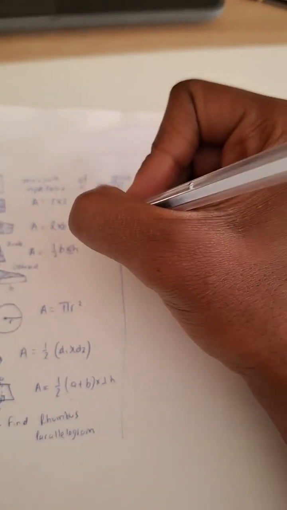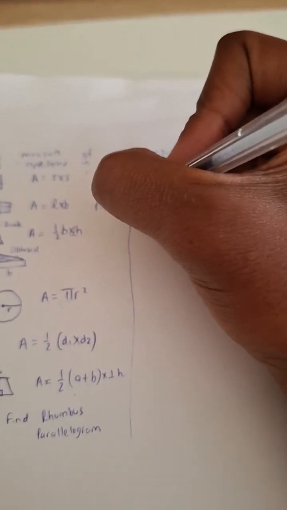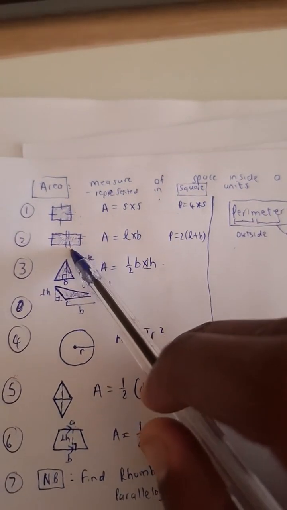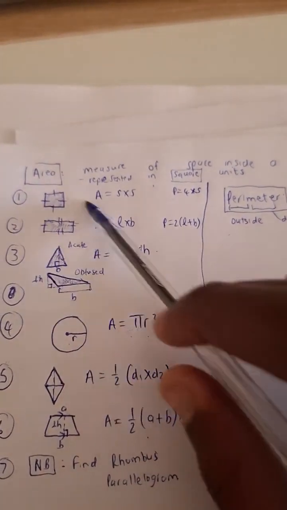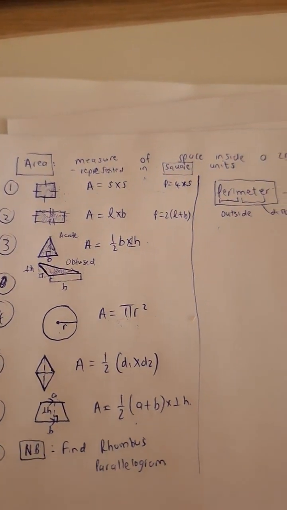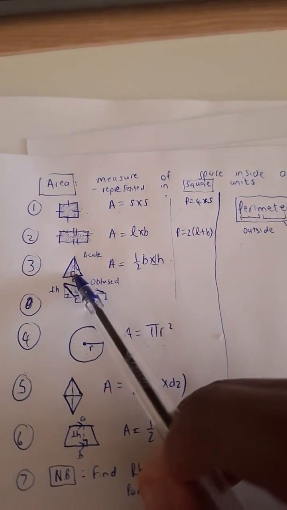Rectangle, yes, the formula is there, 2 times length plus breadth. But you can add this side plus that side plus that side plus that side to get the perimeter of the rectangle.